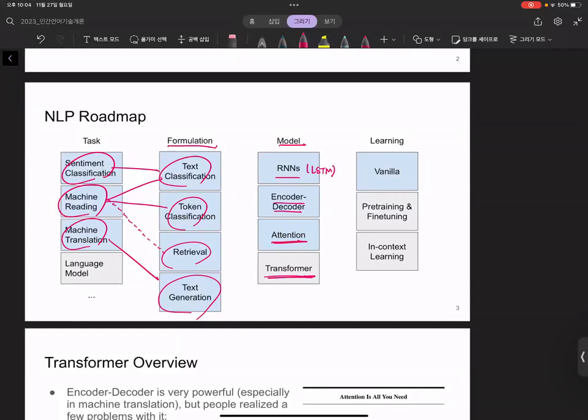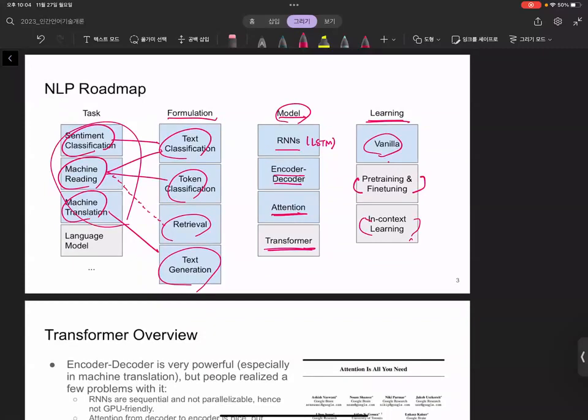All these models can be used to serve these tasks. And in the learning side, we only have covered the vanilla training, not pre-training or fine-tuning yet, not in-context learning yet. We will see pre-training and fine-tuning briefly in the next lecture, I think.